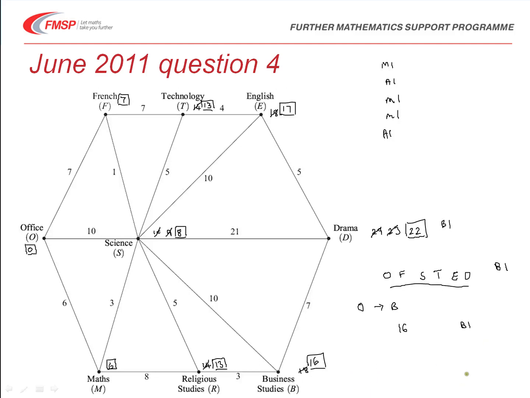So once again, we've got to start from B and trace back through the diagram. 16 take away 10 is not 8, but 16 take away 3 is 13, so that will take us to R. From 13, take away 8 doesn't give you 6. 13 take away 5 does give you 8, so that takes you to S. And then from S, 8 take away 1 is 7, so that takes you to F. And then from F we go back to O. So the route would be OFSRB. Again, for 1 mark.